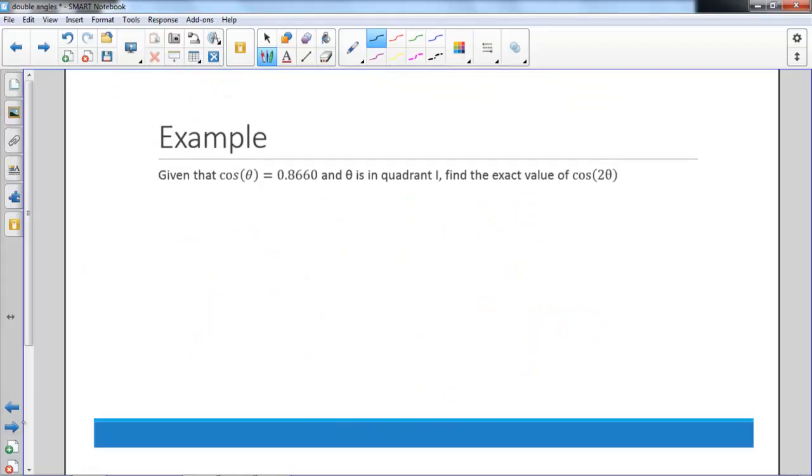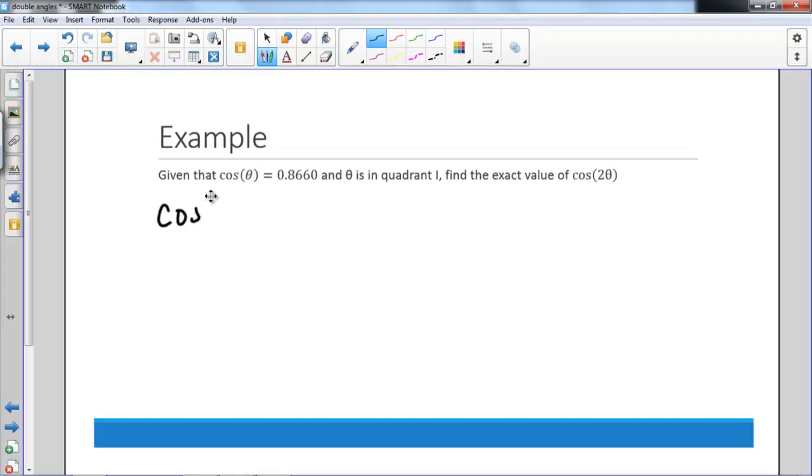All right, looking at this next example, we have cosine theta equals 0.8660. Theta is in quadrant 1, and they want us to find the exact value of cosine of 2 theta. So here, since it's in decimal form, really the first thing that comes to mind is I wonder what my angle is.